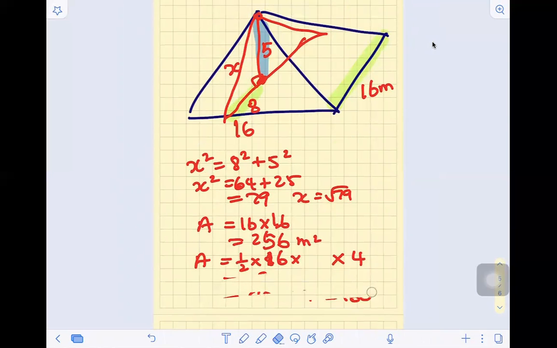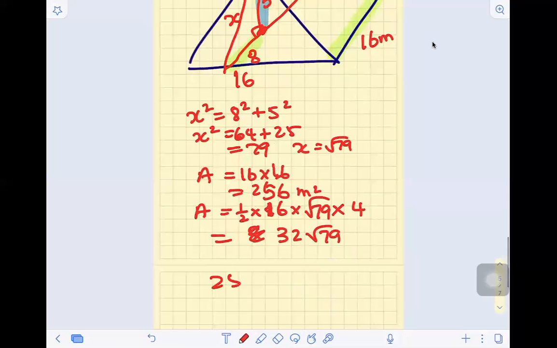Take that back. The height, which we just found, was root 79. So it's going to be a half of 16, 8, times 4 is 32. So it's 32 root 79. You can put it in your calculator, but the exact form would be 256 plus 32 root 79.